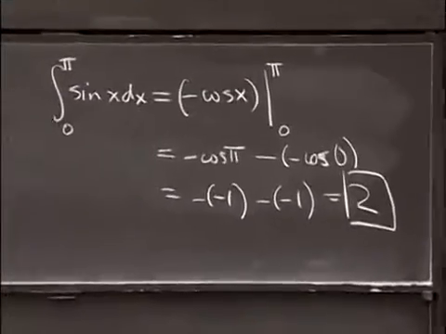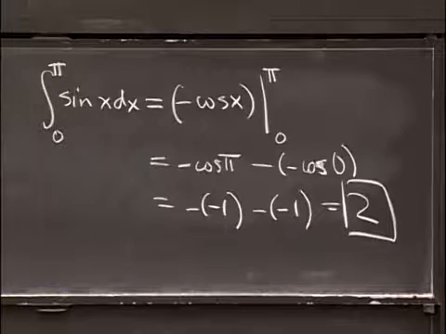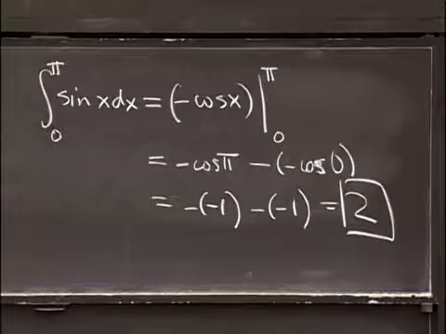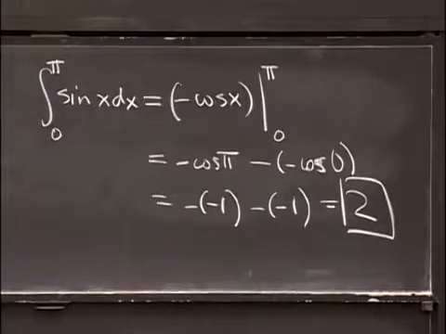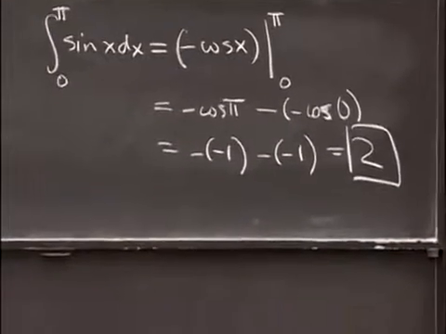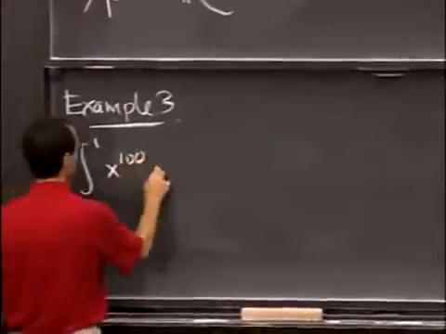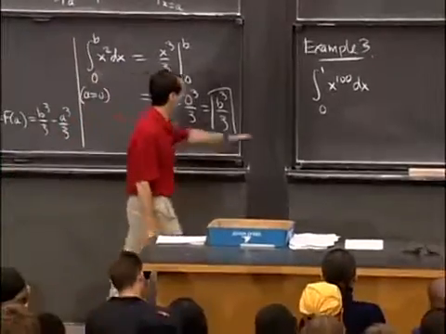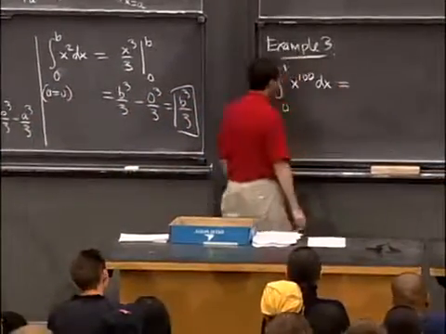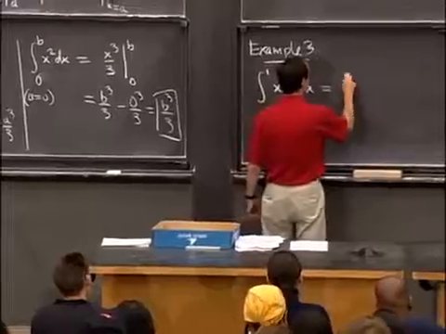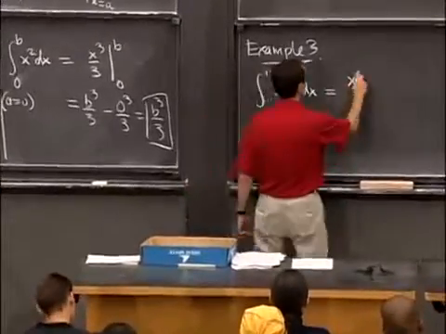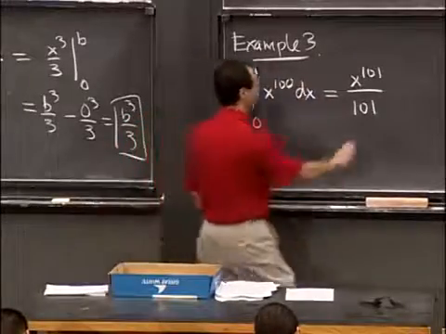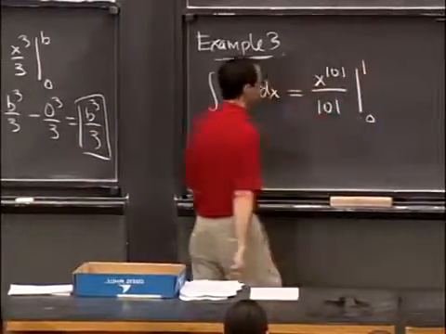All right, the third example is maybe superfluous, but I'm going to say it anyway. We can take the integral, say, from 0 to 1 of x to the 100th power. Any power now is within our power. So let's do it here. So here we have the antiderivative is x to the 101 divided by 101, evaluated at 0 and 1.